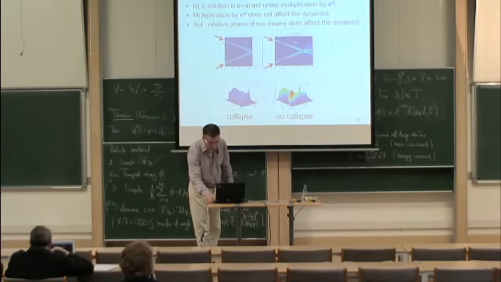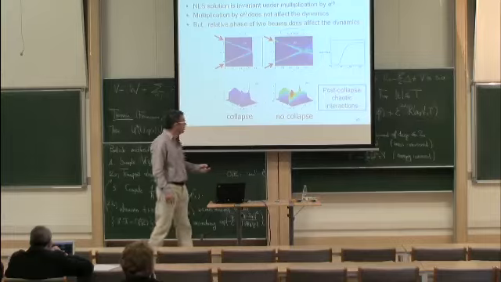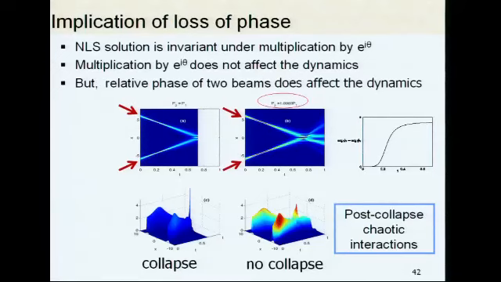And if you want to see why they didn't collapse, the thing to look at is the relative phase of these two beams. And if you look at the relative phase between these two beams, you see it's initially 0 because they are in phase, but around the collapse time, they accumulate a big difference, and they almost have a pi phase shift between each other.